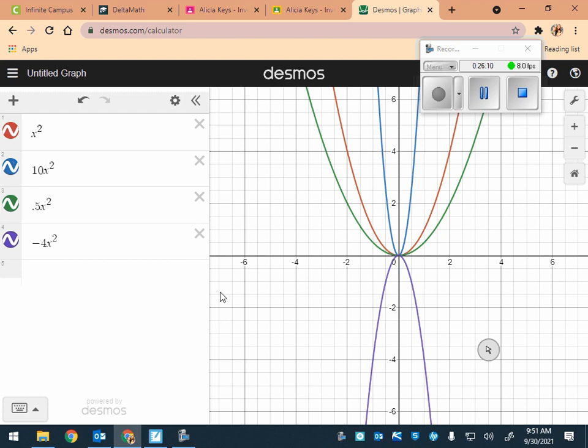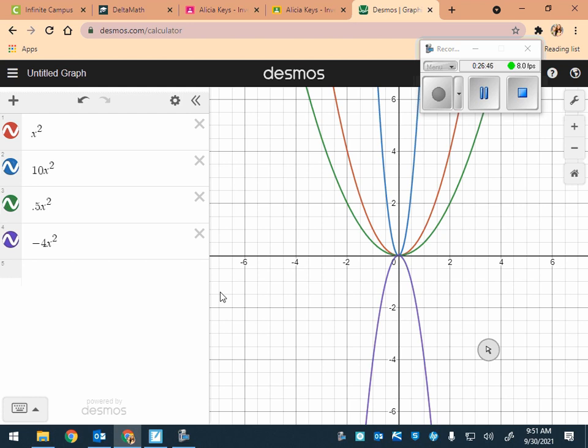So if we have an a value that is less than 0, meaning it's negative, so y equals -x squared, this is a reflection over the x-axis, meaning the graph opens down, pointing down instead of up.